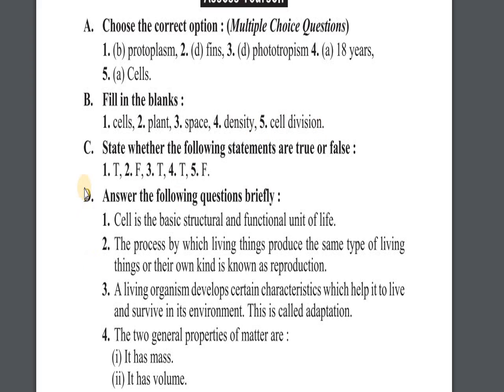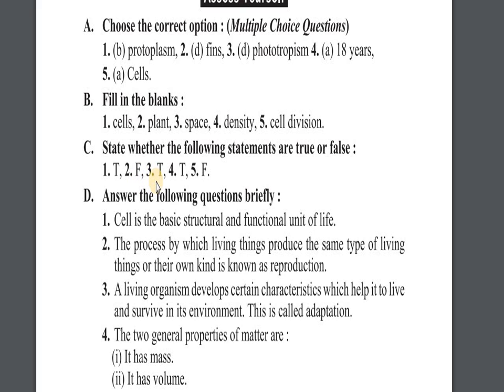And next, exercises, true and false. First question, plants are self-sufficient in food. Answer is true, as they can make their own food. Second question, all organisms grow at the same rate. Answer is false. Next question, all living things are made up of cells.